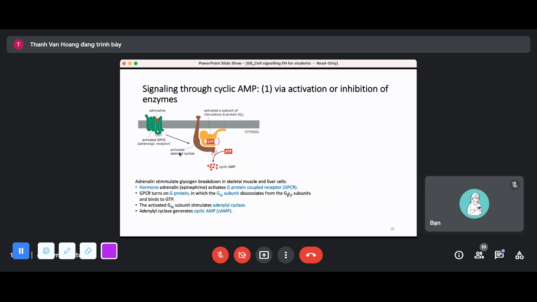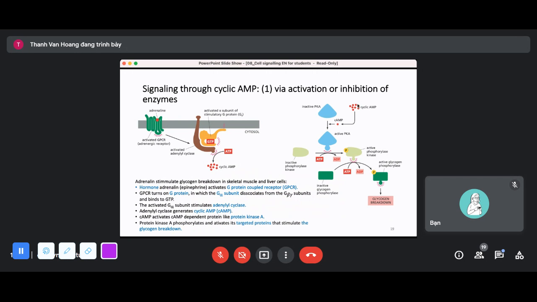And so please remember very well the actions of the G protein coupled receptor, and how it activates the alpha subunit of the G protein, and how it transforms the ATP into cyclic AMP. After that, the cyclic AMP interacts with protein kinase A, and protein kinase A becomes activated and triggers the activation of other target proteins.